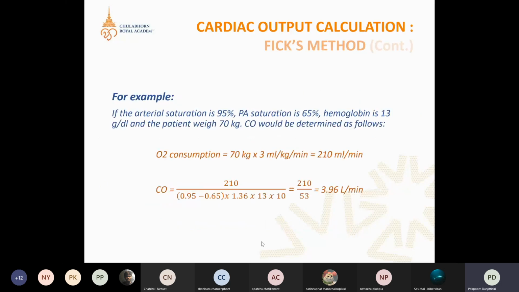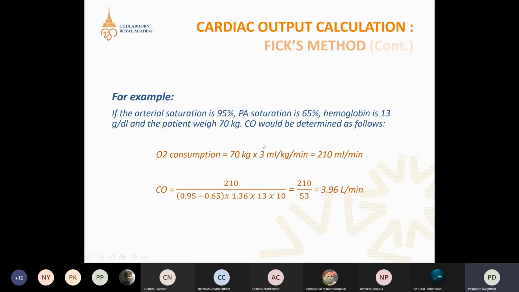For example, if the arterial saturation is 95%, PA saturation is 65%, hemoglobin is 13 grams per deciliter, and the patient weighs 70 kilograms, cardiac output will be determined as follows. We know the equation for oxygen consumption.